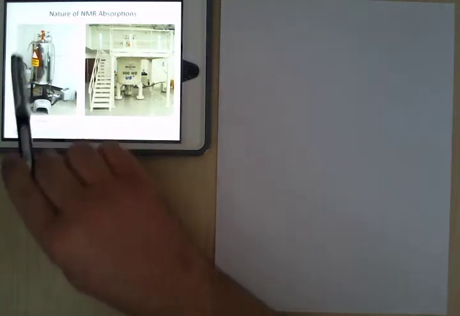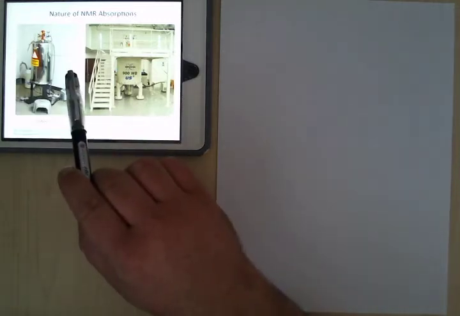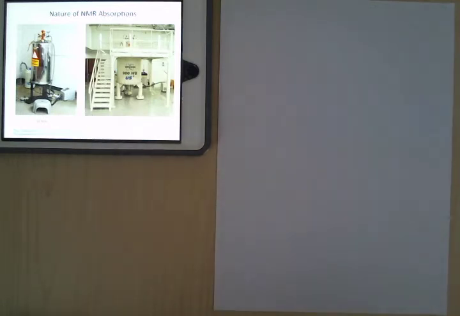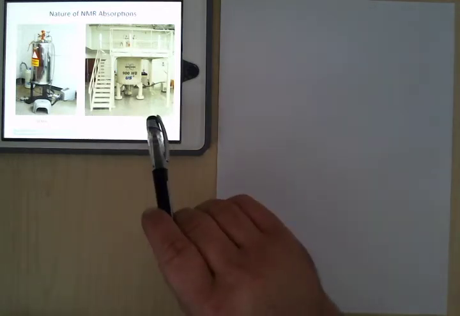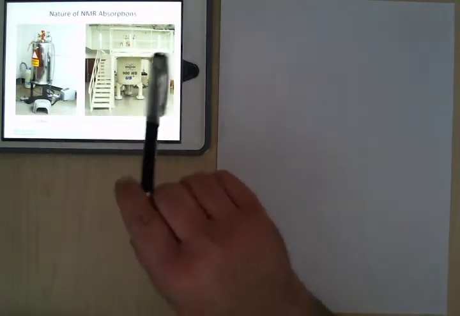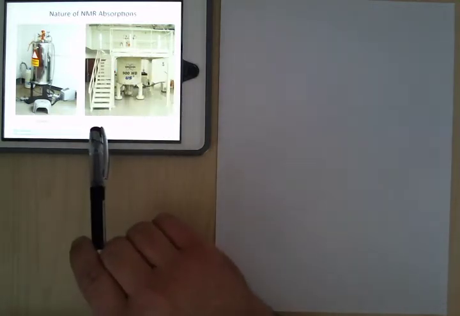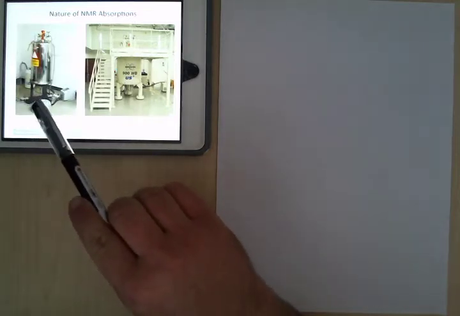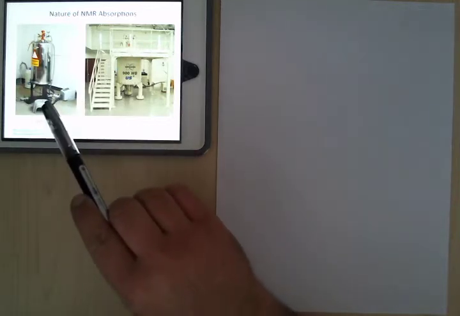So a 200 megahertz would be $200,000, and a 900 would be like $1 million. But it turns out that one of the competitors went out. Varian went out, so now it's Bruker and Joule, and Bruker raised their rates. So right now the sweet spot is a 400, which runs roughly $300,000, I think, something like that.